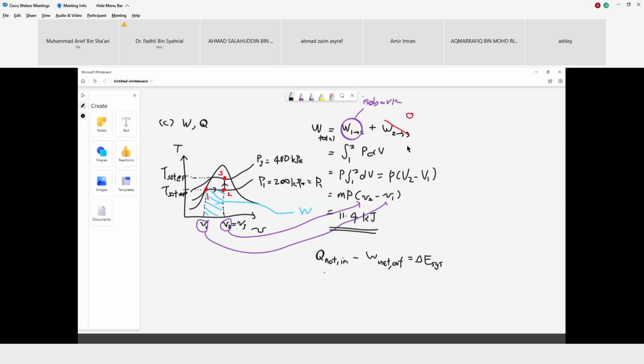So we want to find Q in equal to W net out plus delta E.